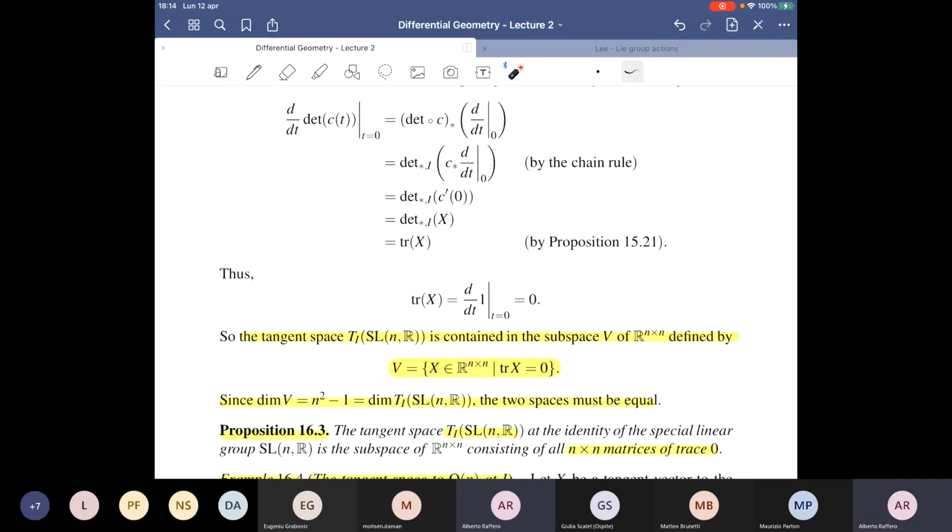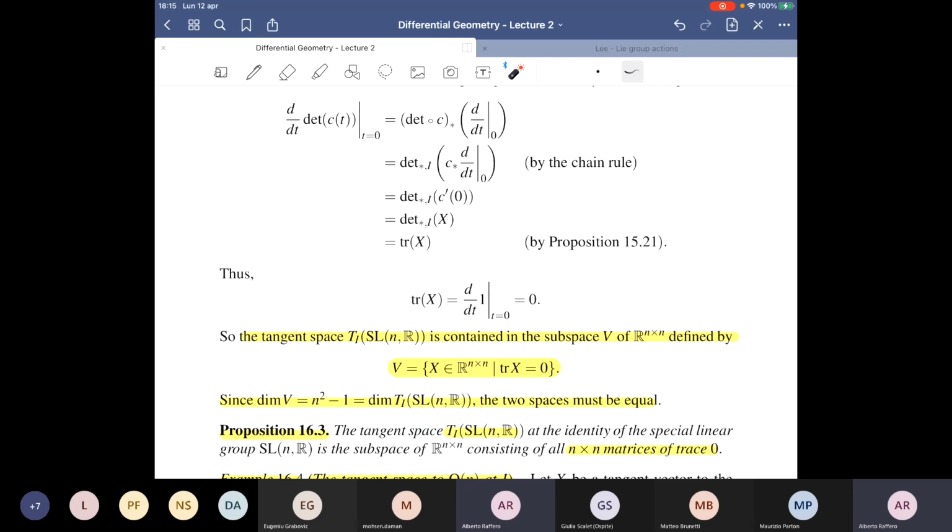So the tangent space to the special linear group at the identity is contained in the subspace of trace-free matrices inside the space of matrices. But this is a vector space of dimension n squared minus 1, which is precisely the dimension of the special linear group. And so the two spaces must coincide by results of linear algebra.